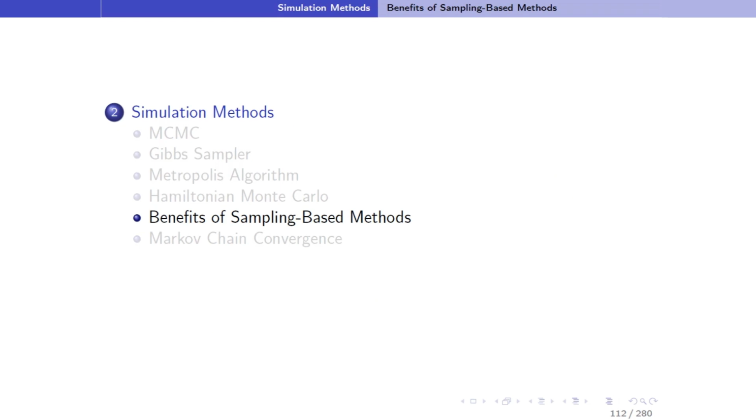The next part we'll discuss some benefits of sampling-based methods. Sampling-based methods, by and large, are not the fastest algorithms in the world. By comparison, they are much, much slower than maximization and optimization, because optimization is essentially line search. You want to go to the top, find your MLE, and quantifying uncertainty comes from asymptotics and formulas that are easy to calculate.